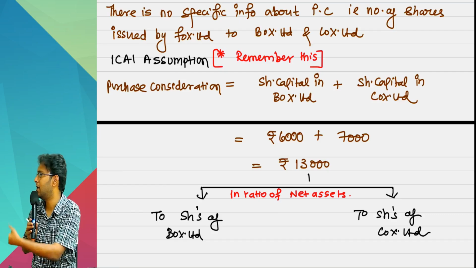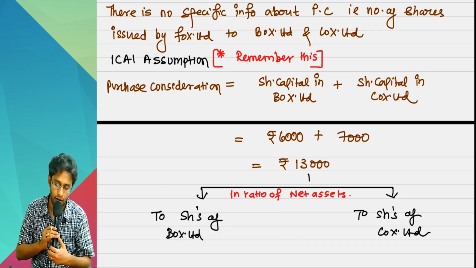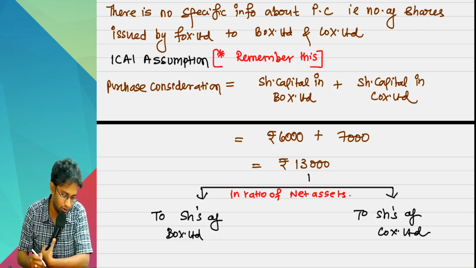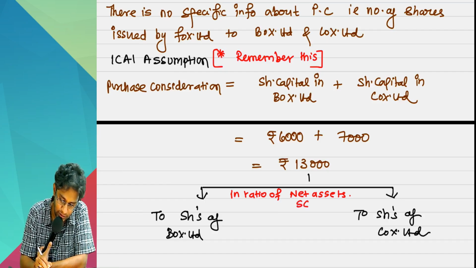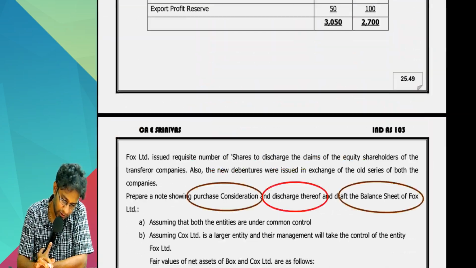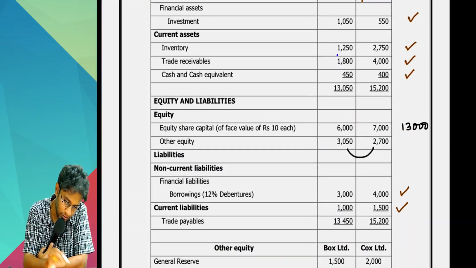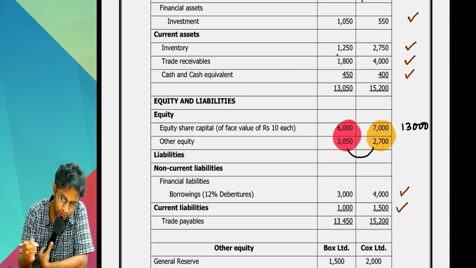There are many methods. ICA adopted this method. So net assets work out. Sir, what are the net assets? Net assets means share capital plus other equity total, sir. For the first company, what did we get? This 9,050, and for the second company it is 9,700.